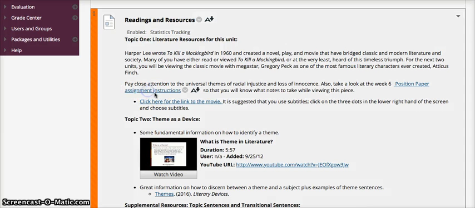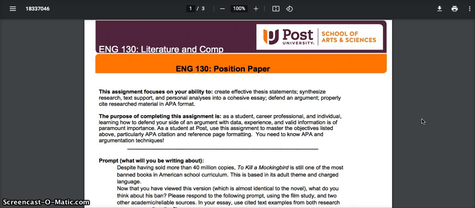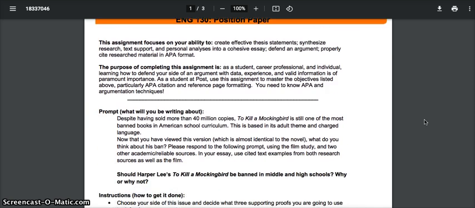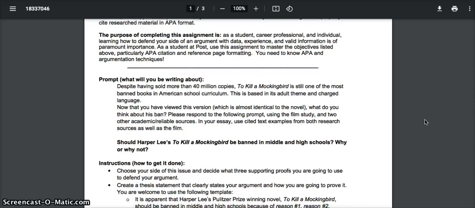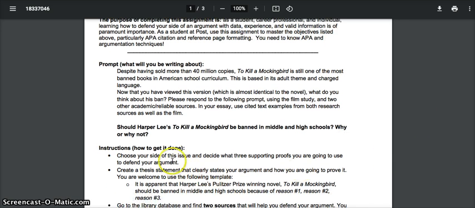So if you click here on the instructions, it may take a minute to load. Okay. The prompt basically for Unit 6, which you will be writing your position paper on, is this particular topic.